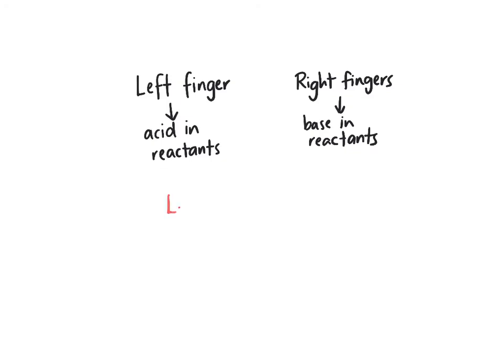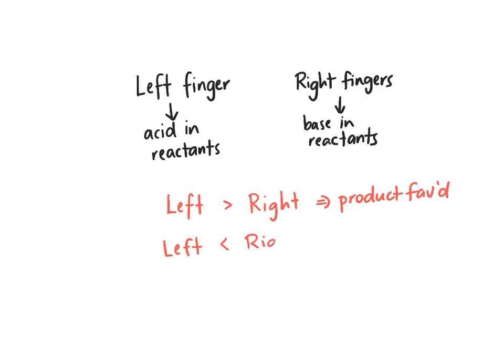If your left finger is higher than your right finger on the table, it is a product-favored reaction. If your left finger is lower than your right finger on the table, it is a reactant-favored reaction, so less than 50%.